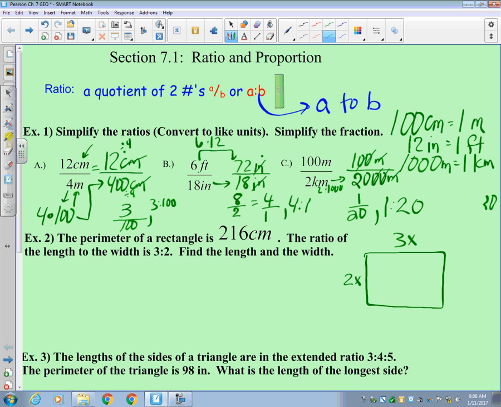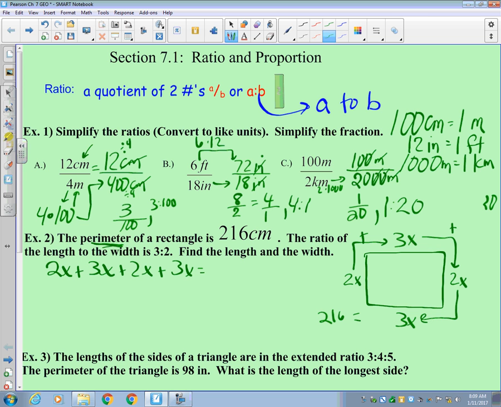So we are talking perimeter here. Remember, the perimeter is adding up all the sides. So we're going to go 2x plus 3x plus another 2x plus another 3x is all going to equal 216. Let's write that down over here. 2x and 3x and 2x and 3x.